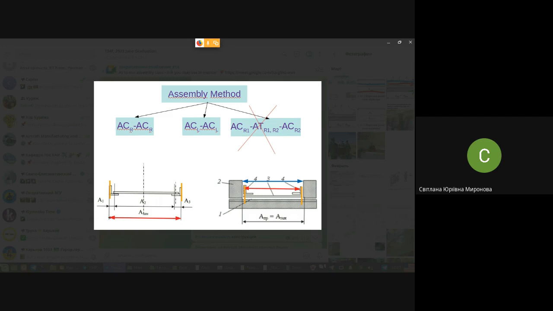And the newest, the cutting edge, let it be in this group of methods, is laser marking. The laser does something like a photo print, let it be, a photo of the 3D model on the surface of the part. And people who see this photo align to these lines.